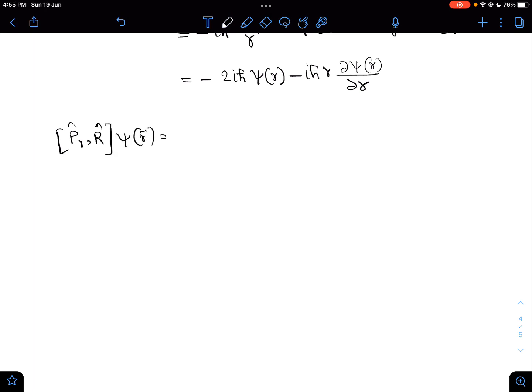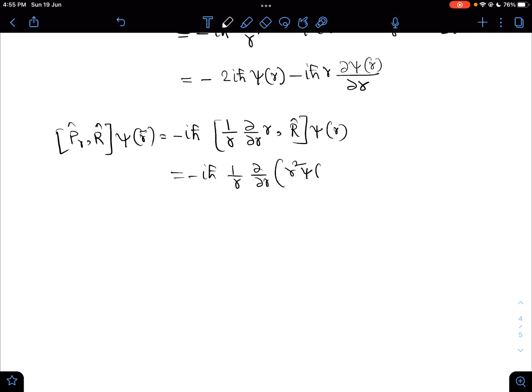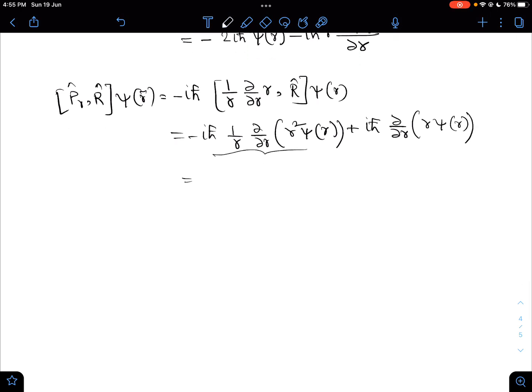So it will give us PR r psi minus r PR psi: minus i h cut 1 by r del del r of r square psi r, plus i h cut r del psi del r. This value we have already evaluated.